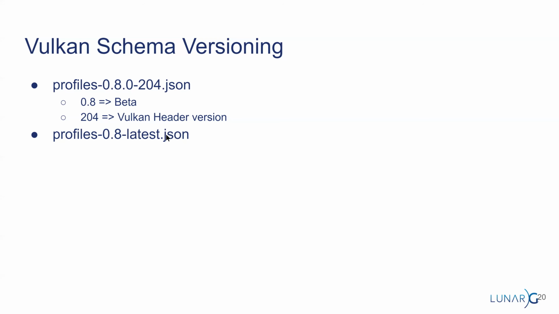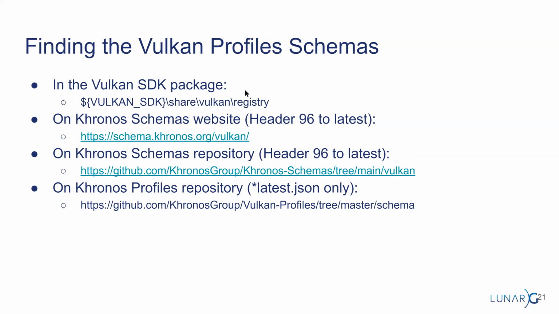If you are only interested in using the latest header schema, you can just use the latest, and you will have all the extensions available. But there is some good reason to use a specific version, and I will explain why right after. So where to find these schemas?